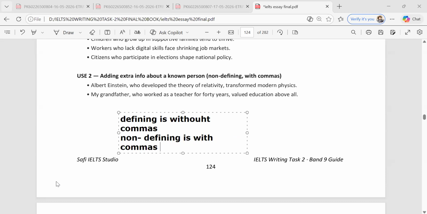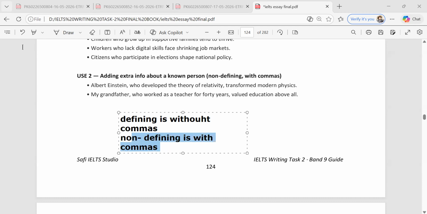So make sure you understand. The defining one, as I told you, is the important one. But non-defining is adding extra info about a known person, if you want to add it. If you don't want to add it, no problem. But the person you want to talk about is known to others.